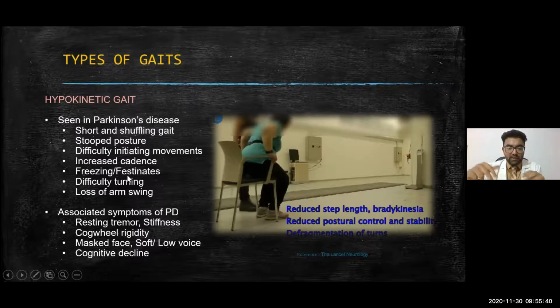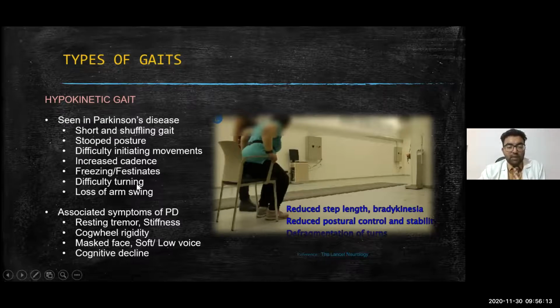So the patient sometimes freezes and cannot move, or the patient may festinate. Festination is when the patient becomes really unsteady and thinks he might fall down, and to save himself from falling, he tries to grab anything around him and makes a really fast movement. That is known as festination.